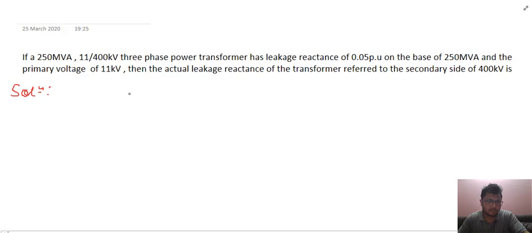A 3-phase transformer is given. Suppose this is a 3-phase transformer.